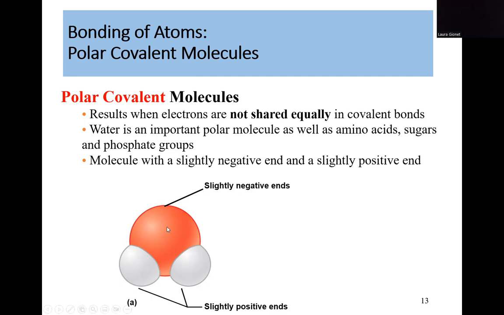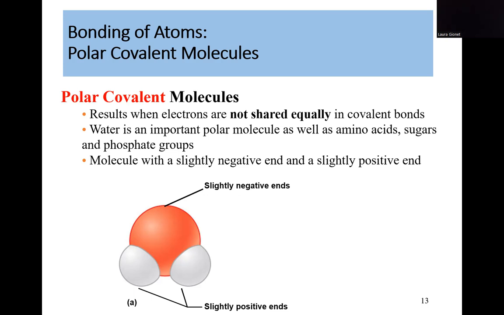However, the oxygen end of the molecule, or oxygen in general, has a higher electronegativity. So even though it shares, those electrons, one from each hydrogen, will reside at the oxygen end of the molecule more than over at the hydrogens. So the hydrogens end up having a relative positive charge associated with them, both of them.